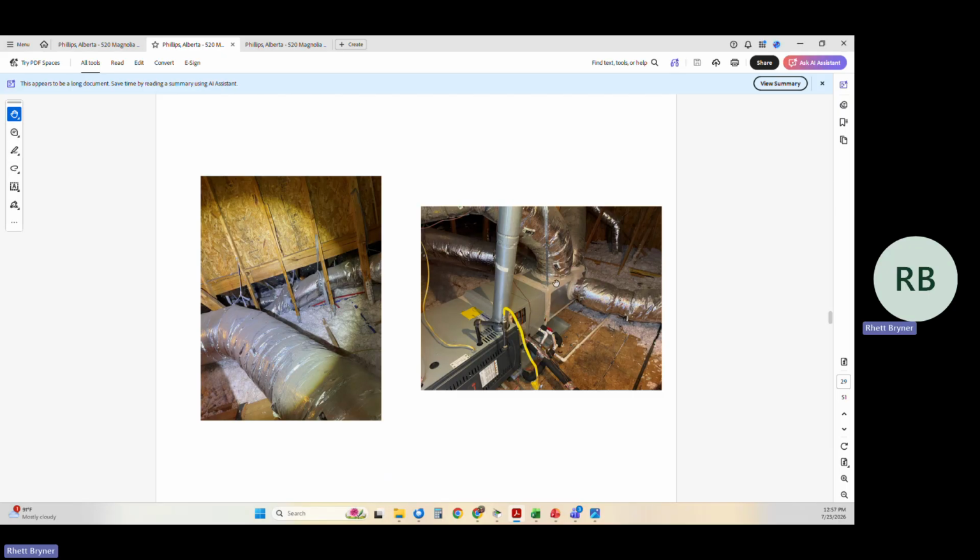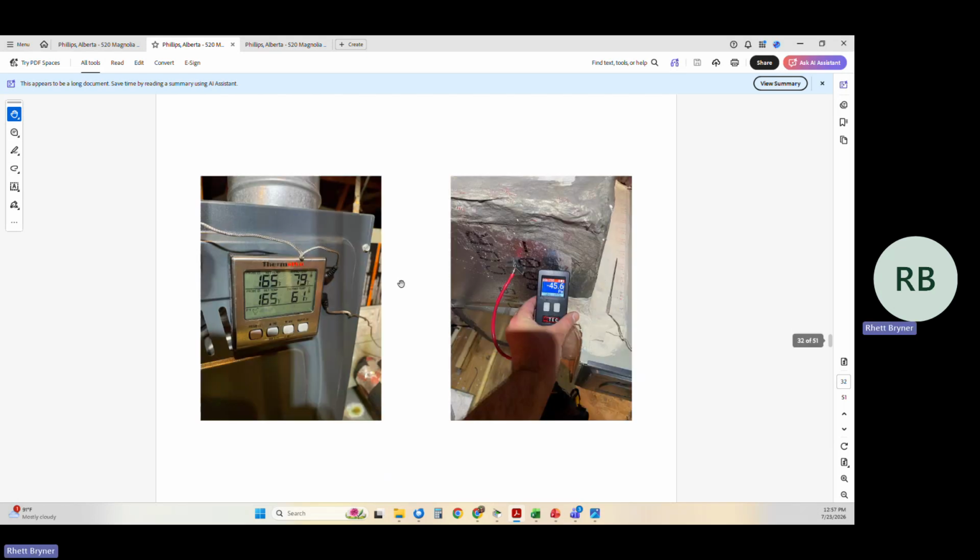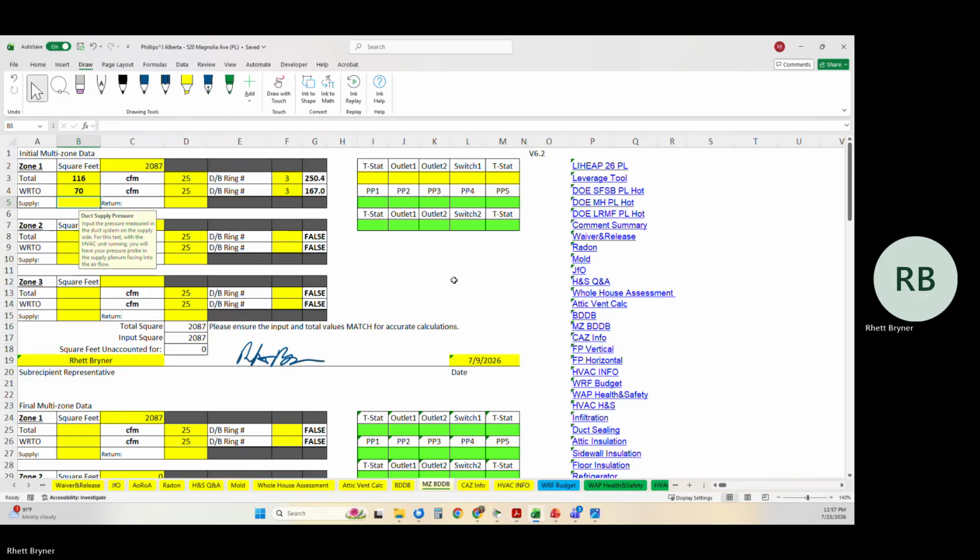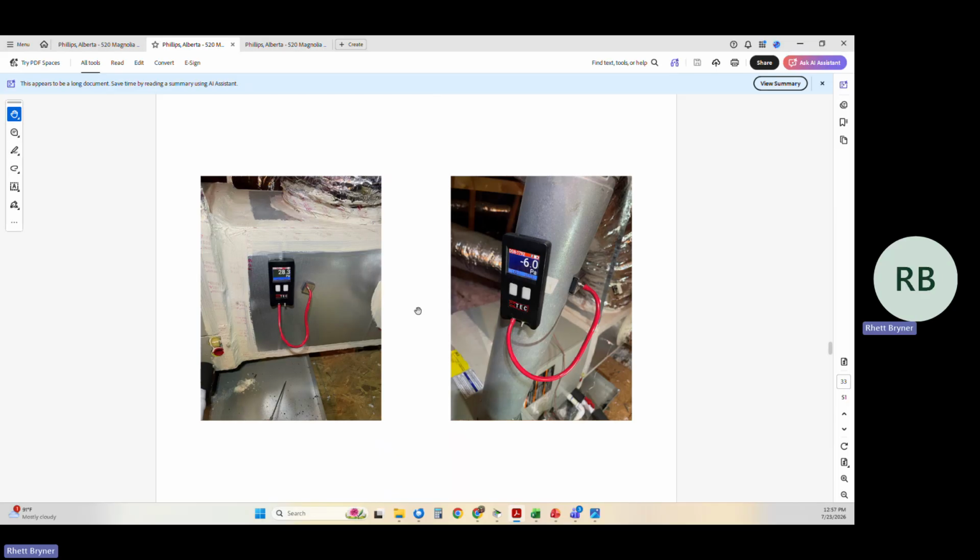If you move on down, you can see anything that shows up during these photos, a large negative number. That's going to be the reading from the return plenum. So that's -45.6. So here for return, we'll put -45.6.